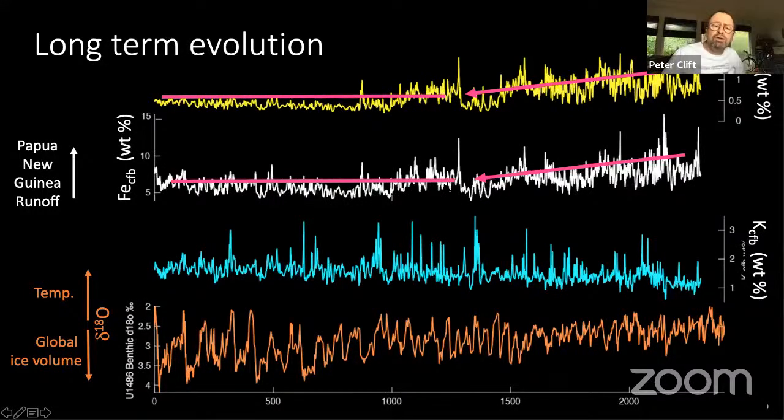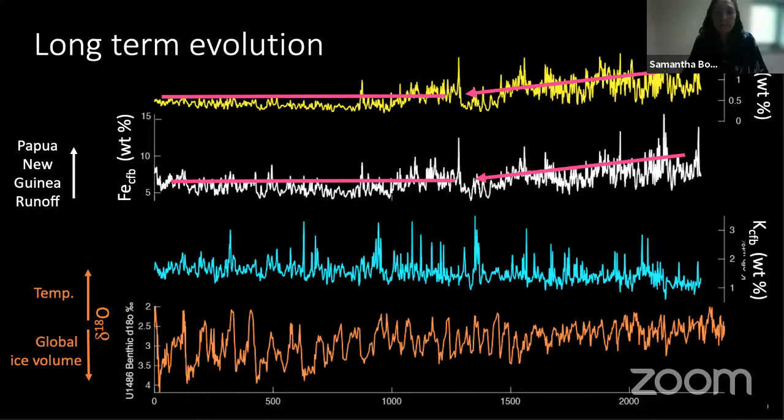Is that an important distinction between volcanic versus, say, other siliciclastic terrestrial material? Yeah, I think it is. For example, I'm pretty sure it is a fairly mafic end member because we don't see that being reflected in the potassium record. So whatever is supplying the potassium is not changing a whole lot in its distribution.